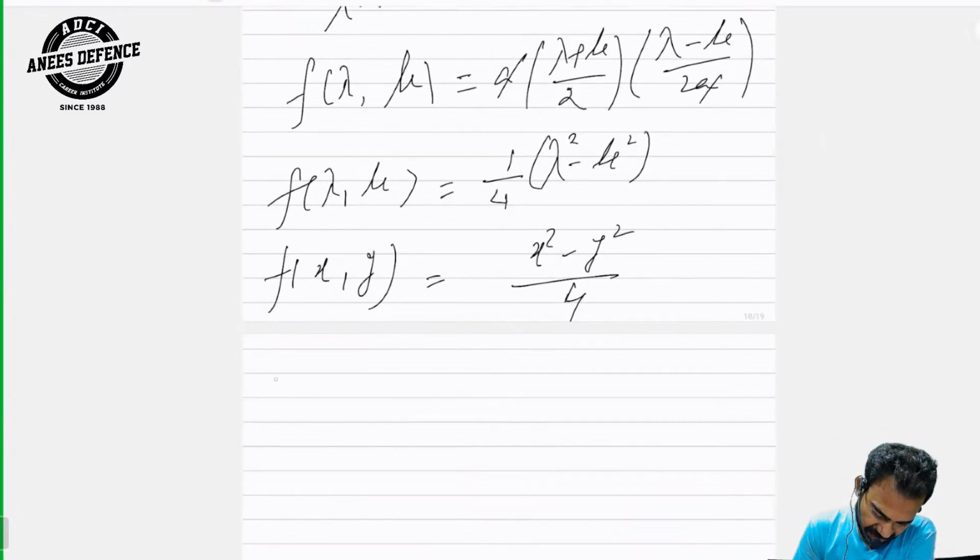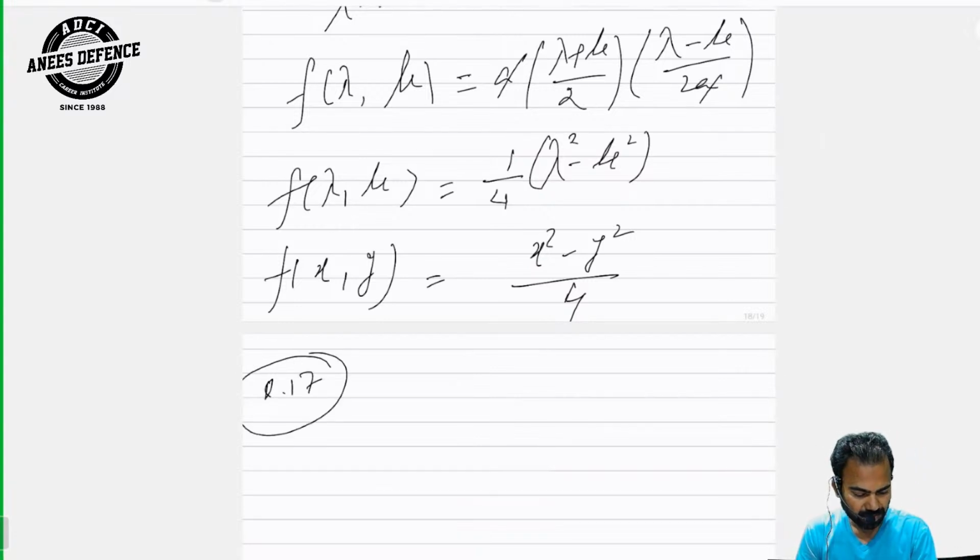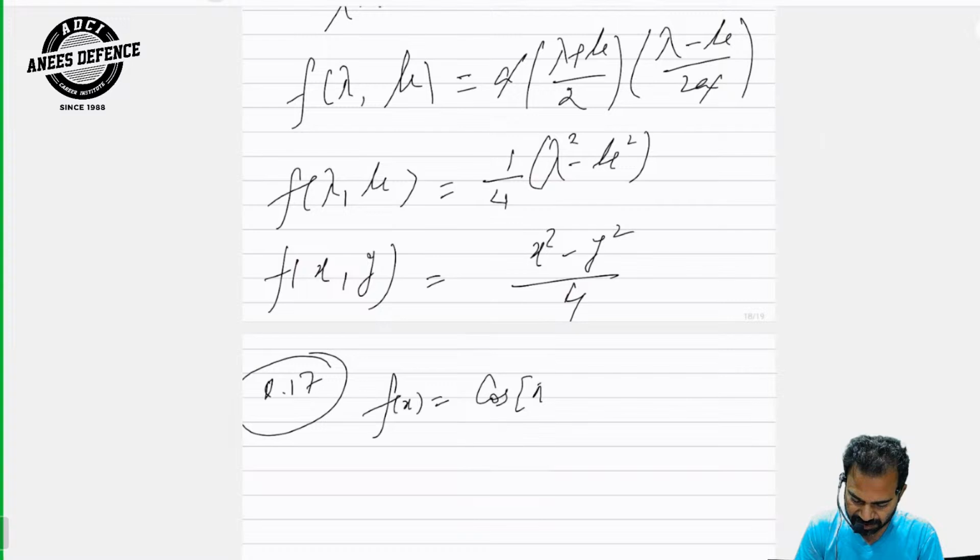Now question number 17. f of x equals cos of pi square times greatest integer x plus cos of minus pi square times greatest integer x.